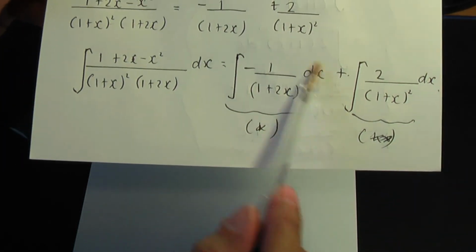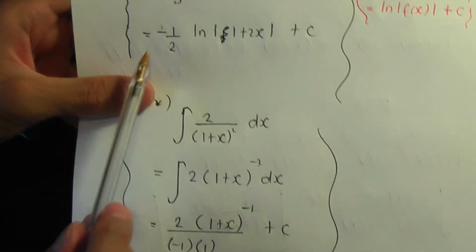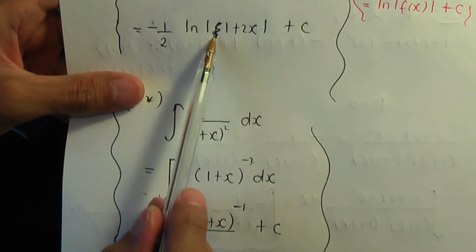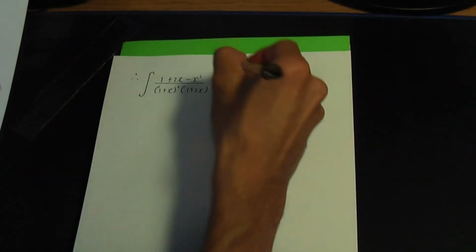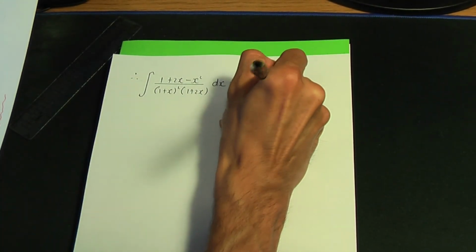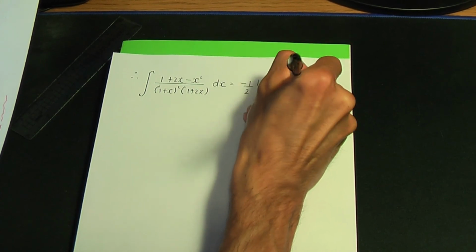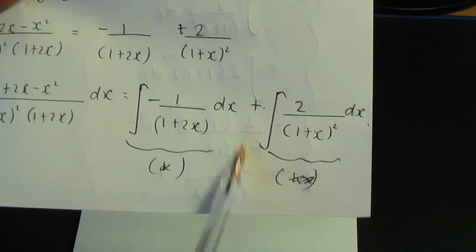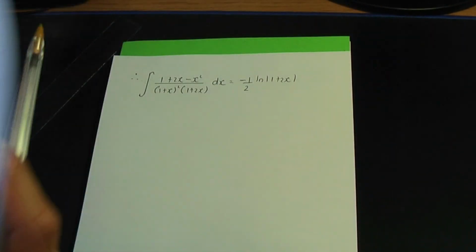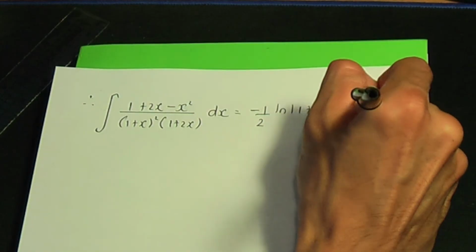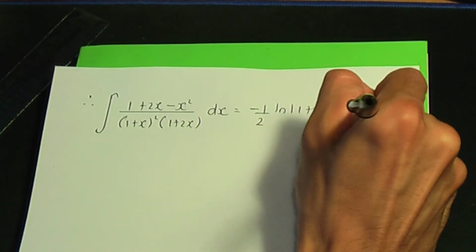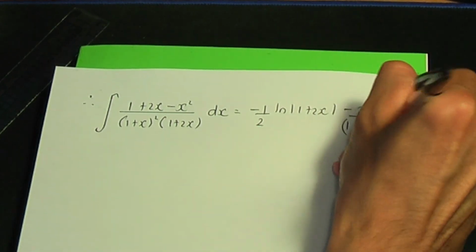When I integrated star, the solution was minus half ln modulus of 1 plus 2x, so let's copy that down. And when I integrated double star, we had this as the result, minus 2 over 1 plus x. So let's include that, minus 2 over 1 plus x, add c.